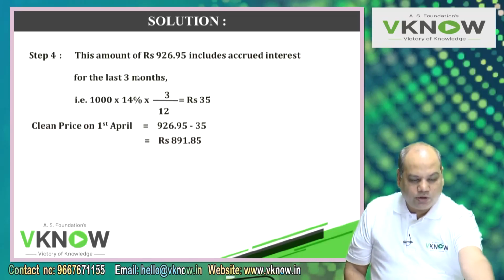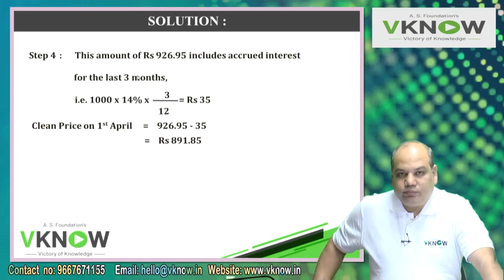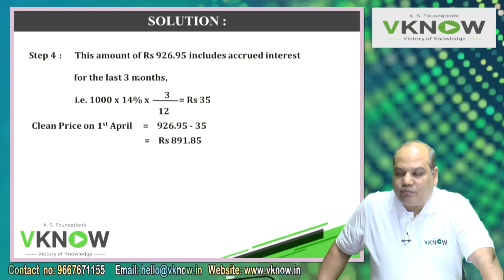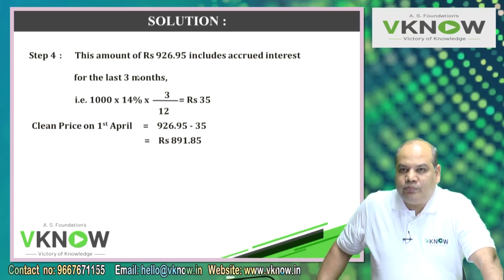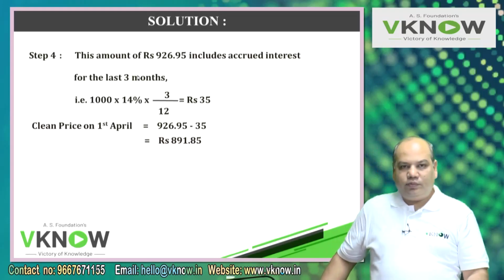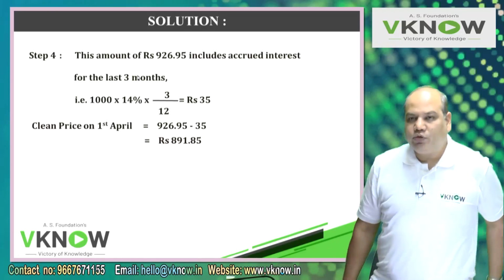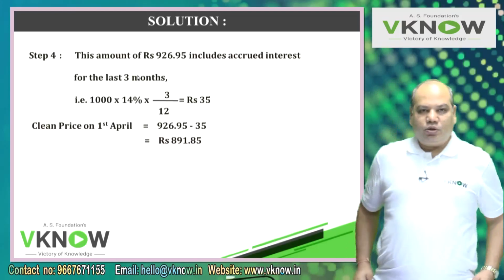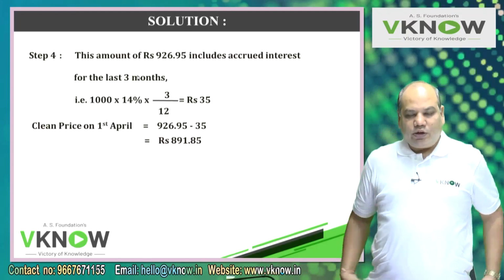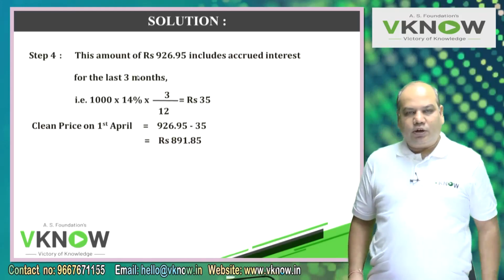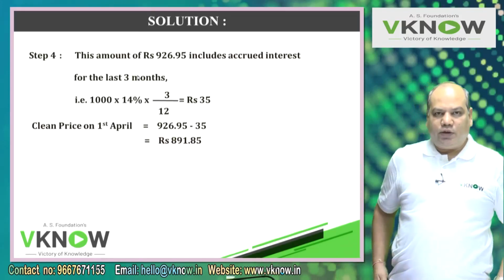That is 1000 into 14% into 3 by 12, which is the interest accrued from the last interest payment date till the date of transaction. It comes to 35.